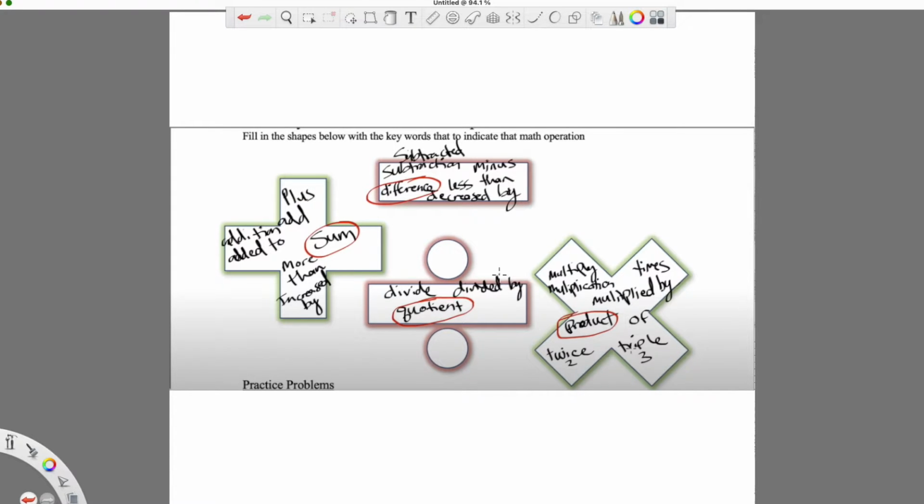And for multiply, we have multiply, multiplication, multiplied by, times, product, the word "of," or the words twice or triple. This not only tells me that I'm multiplying, but what I'm multiplying by. Twice means times 2, and triple means times 3. So we just want to be aware of those words while we're translating.